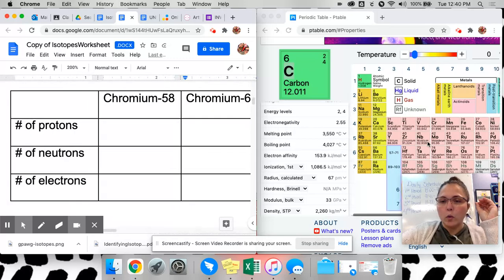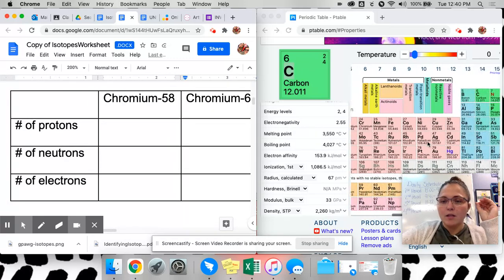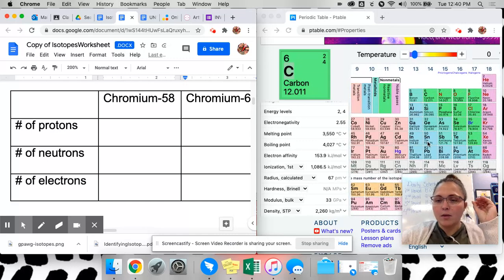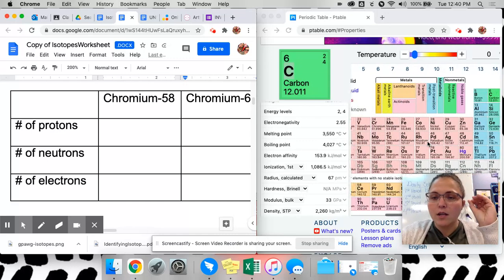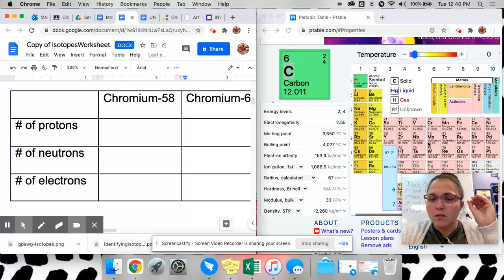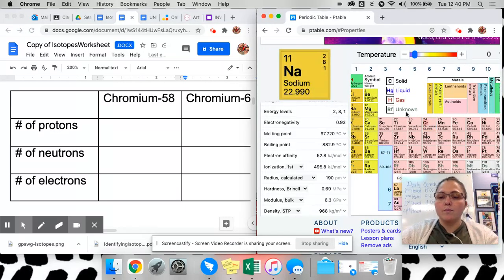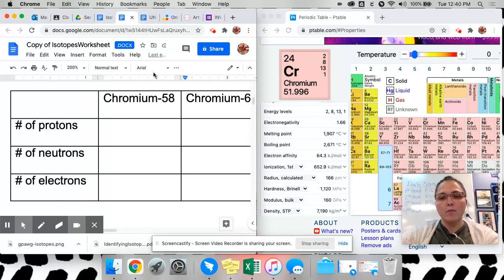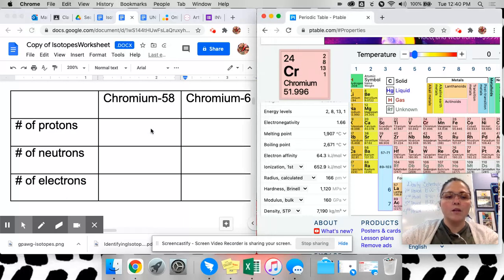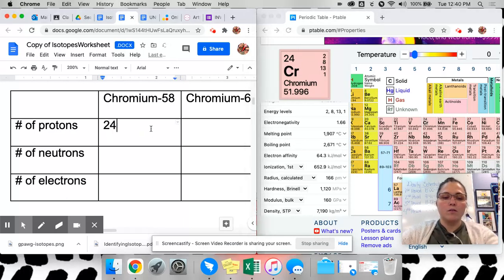Chromium. Let's find chromium on the periodic table, and you get to see how. Here we go. The first thing I need to do is find chromium on the periodic table, and I see that chromium has an atomic number of 24. So it has 24 protons.